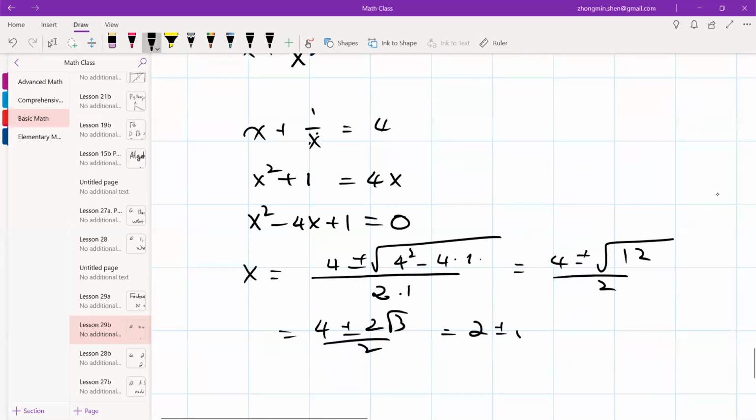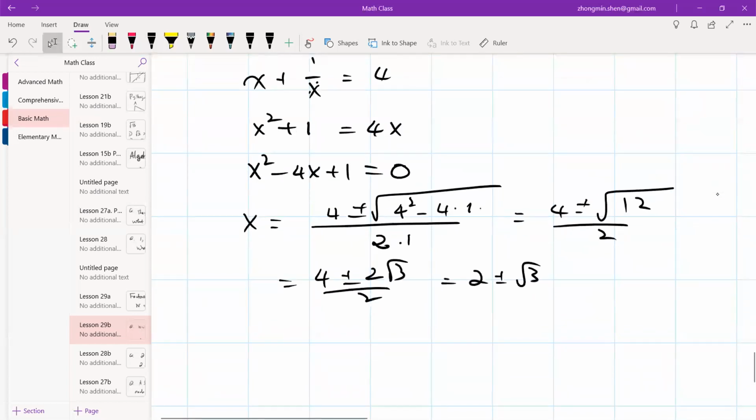It's going to be 2 plus or minus square root 3. You get 2 solutions, and both solutions work.